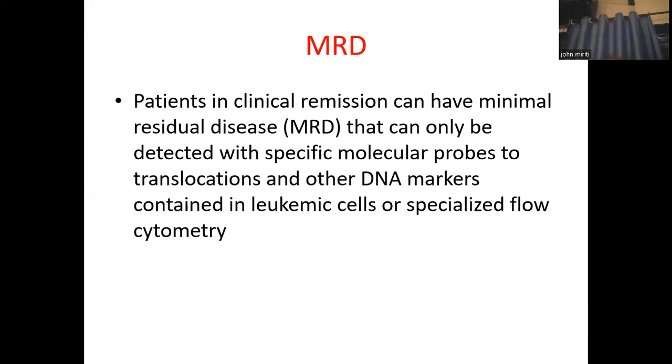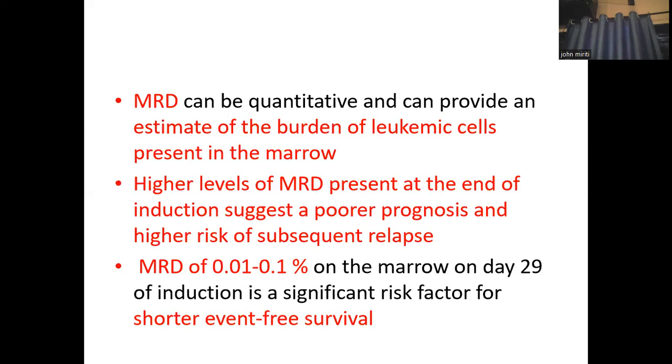So, minimal residual disease. Patients in clinical remission can have minimal residual disease that can only be detected with specific molecular probes to translocations and other DNA markers containing leukemia cells, or specialized flow cytometry. Minimal residual disease can be quantified and can provide an estimate of the burden of leukemia cells present in the bone marrow.